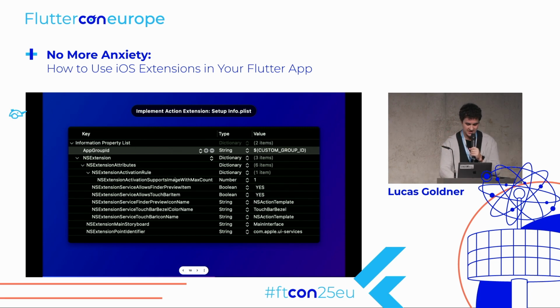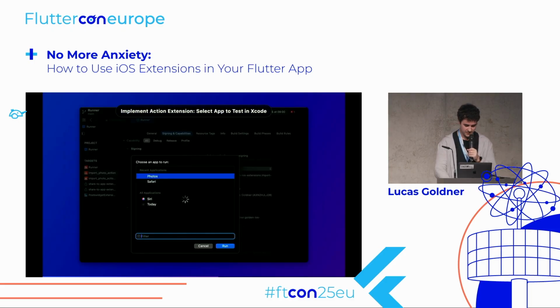So we need to set this property. In this case, I set it just to 1. So if you select one image, this will show up. You can also, of course, expand it and put like 5 images over here. That's not a problem. And there are other activation rules you can also look up, but I just needed this one. And there are other properties, but this activation rule is probably one of the most important.